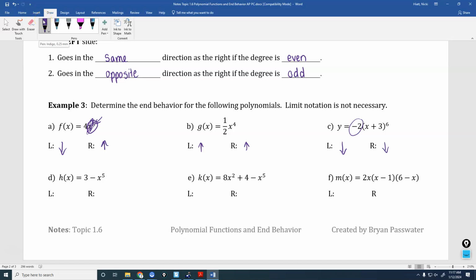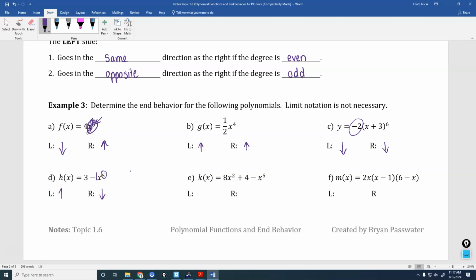Okay? Let's see. Maddie, what about D? Is my right side going to go up or down? What's the coefficient in front of that x? There's not one. It is a 1, but it's got that minus that makes it negative. So that right side is actually going to be down. And then your highest exponent is a 5, which is odd.